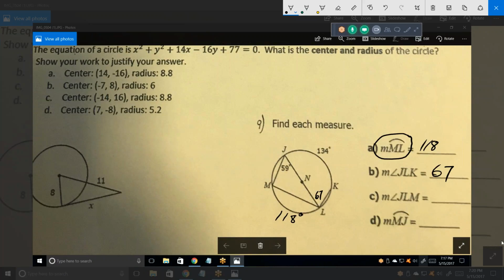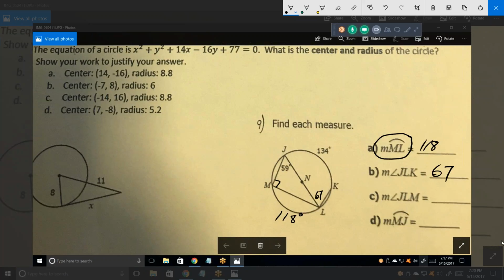And then they want JLM, which is this angle. Okay. What's that going to be? Let's see. Hold on, let me do that. Remember, this is a right angle. That's a right triangle because it's inscribed inside of a semicircle.